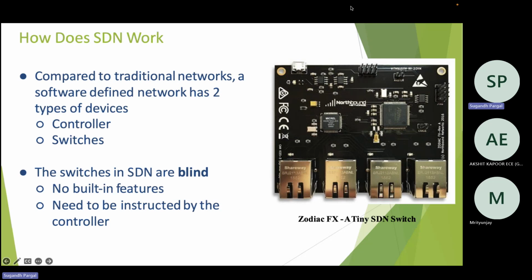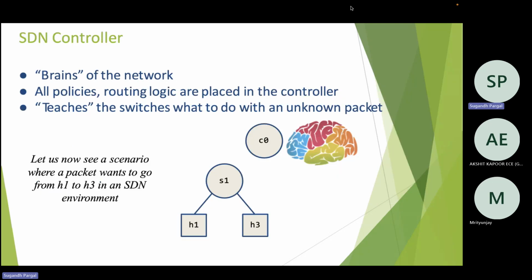So the switches work as the data plane and the controller works as the control plane. The controller is the brain of the network. That means all policies and routing logic are placed inside the controller, and it teaches the switches what to do with an unknown packet.